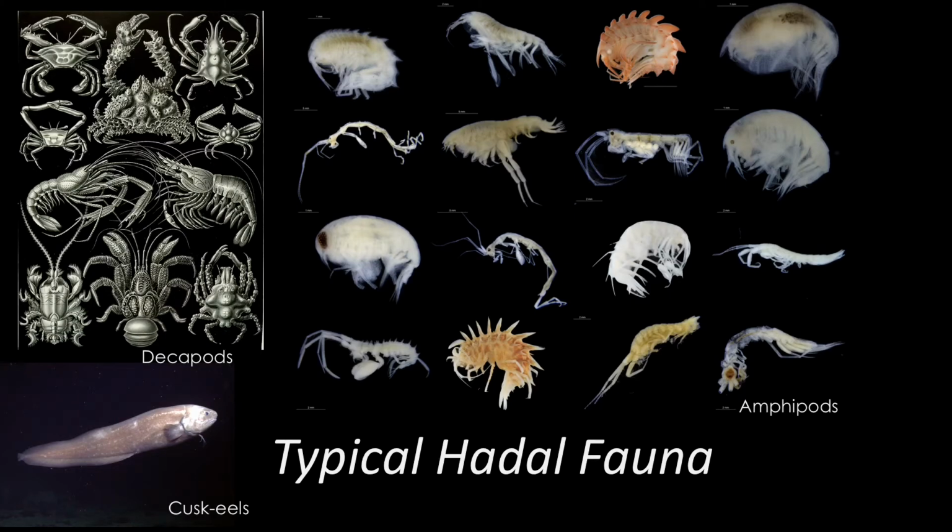The common creatures found in the hadal zone of the ocean include amphipods, isopods, decapods, sea anemones, nematodes, and cusk eels, and most of these trench communities probably came from the abyssal plains.